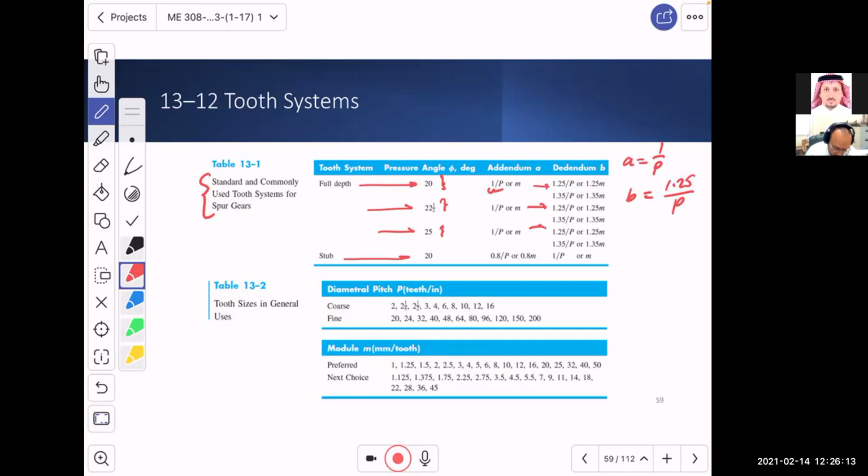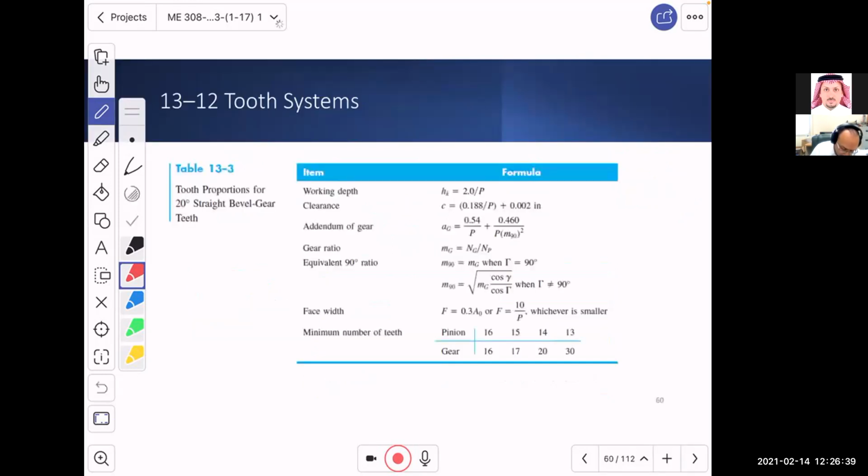We have here the sizes for the diametral pitch. I'm going to talk about diametral pitch in a minute. The diametral pitch is more or less like the threading system in a bolt. And here we have the module. All of this is for spur gear.